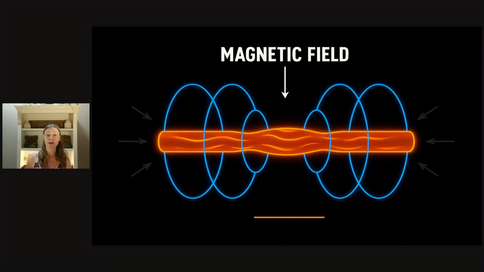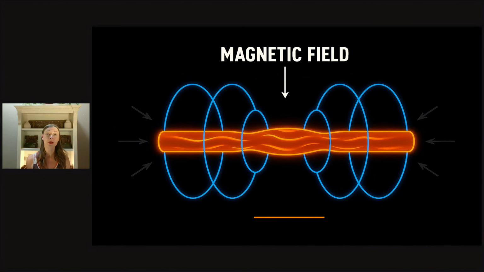As the current flows through the center, magnetic loops form around it and essentially squeeze the plasma inward like a tightening coil. That's the pinch effect. The more current you have, the stronger the inward magnetic pressure becomes. Plasma collapses then into a narrow, focused filament, sometimes bright, sometimes explosive.